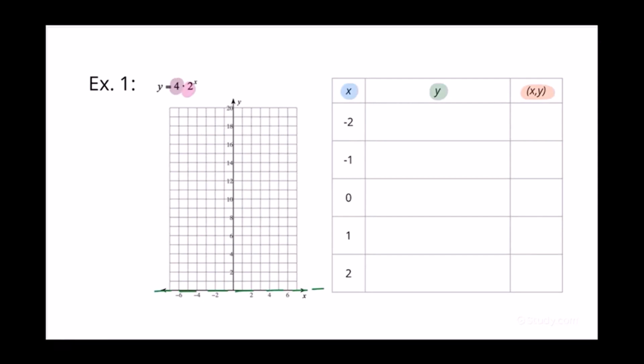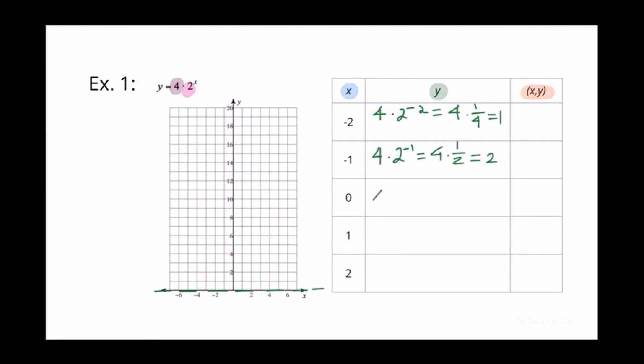So we'll start by plugging in -2, and that gives us 4 times 2 to the -2 power, which is 4 times 1 over 4, which is 1. We plug in -1, we have 4 times 2 to the -1 power, which is 4 times 1/2, which is 2.